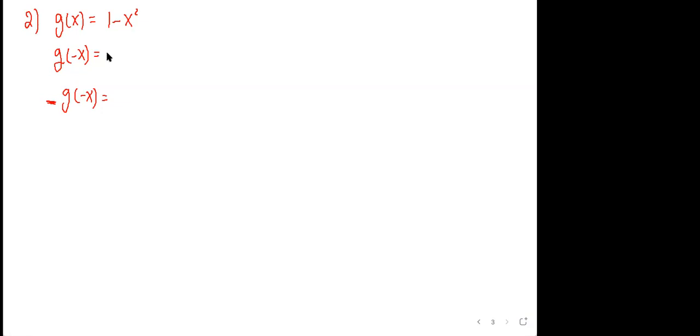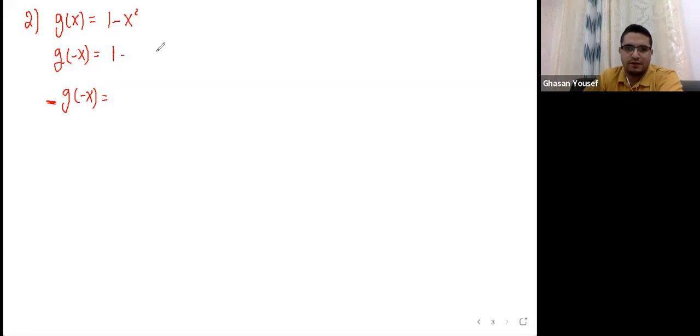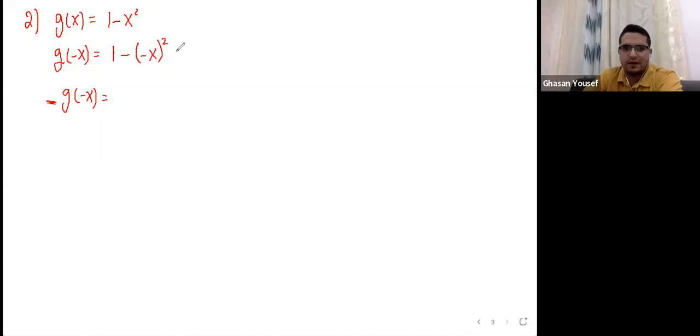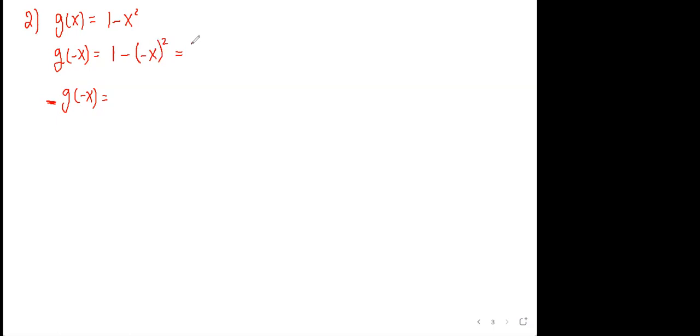So it's 1 minus parentheses x, and then to the power 2. Exactly. So what does that equal? You have to simplify. That would be 1 minus x to the power of 2, if I'm correct.